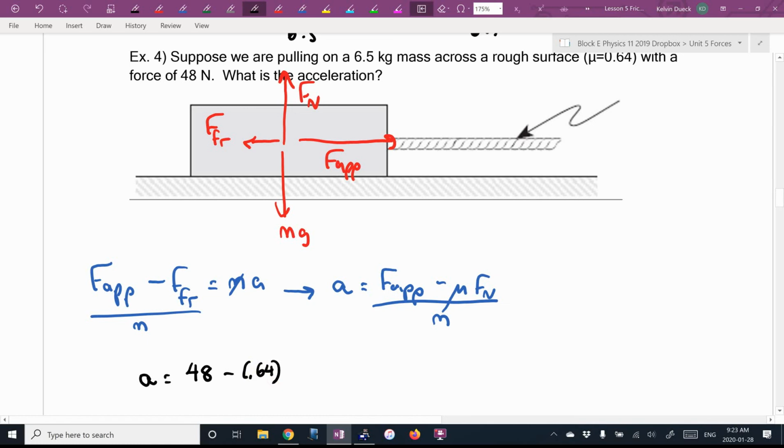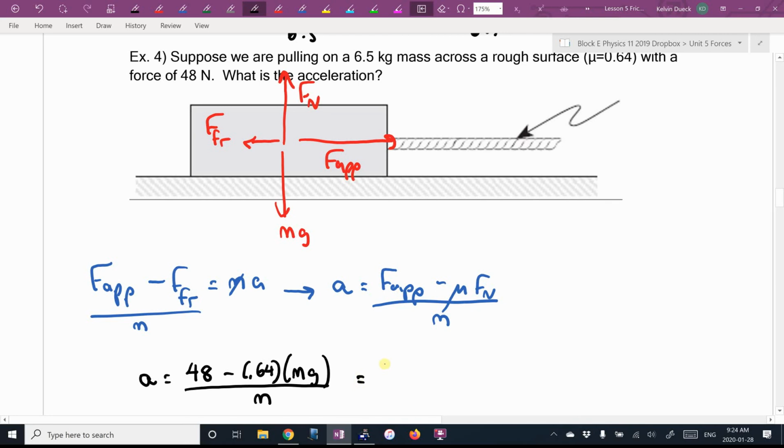Oh, I don't know the normal force. Oh, but look. Which force is the same size as the normal force? So I'm going to put mg right there over m.